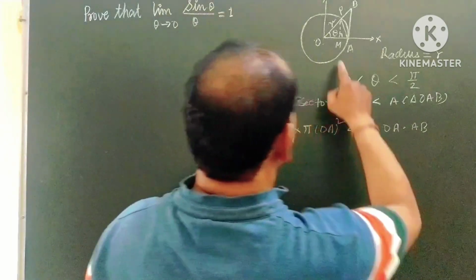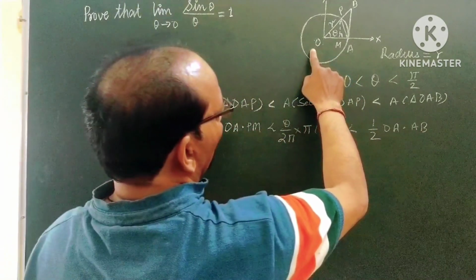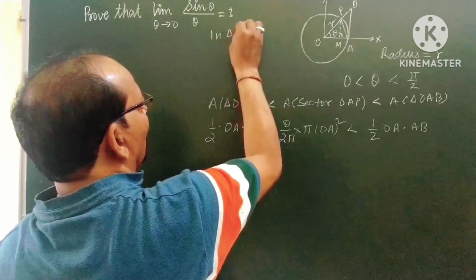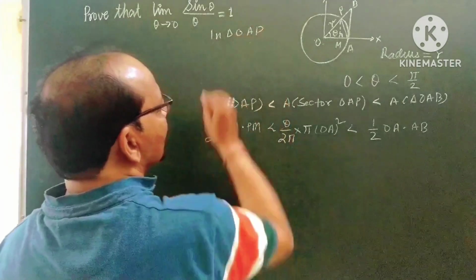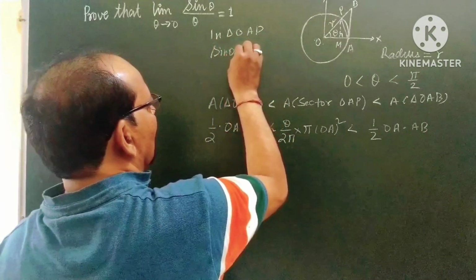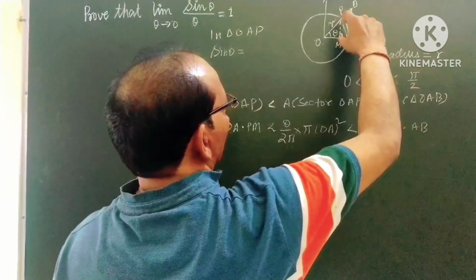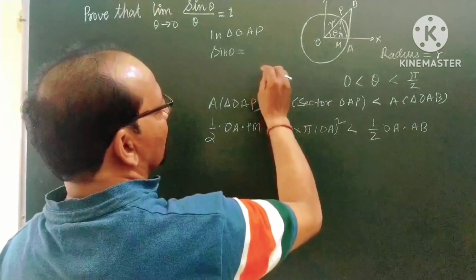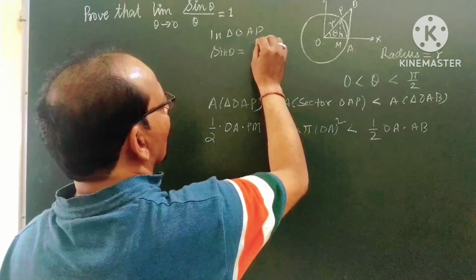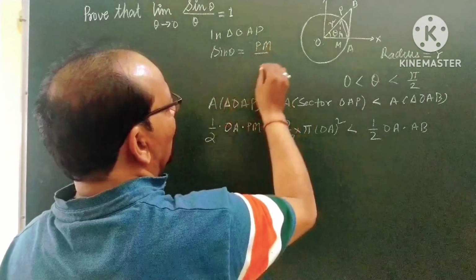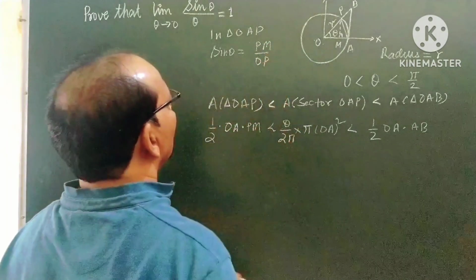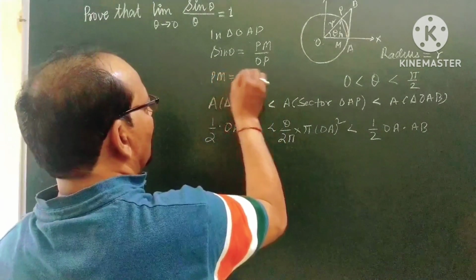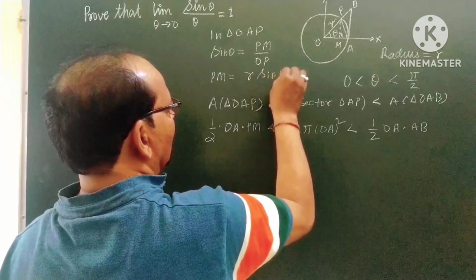Therefore we take here in triangle OAP, sin theta is equal to perpendicular upon hypotenuse, therefore it will be PM by OP. OP is the R, so PM equals R sin theta.